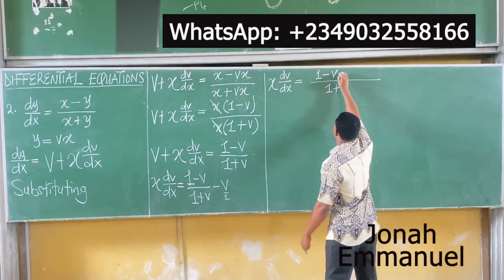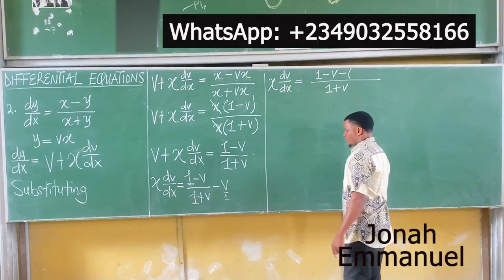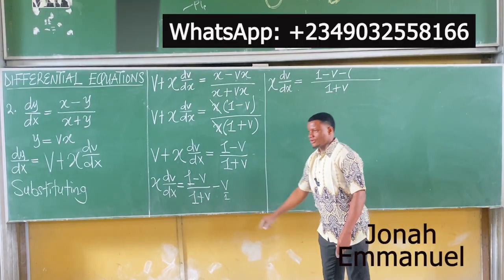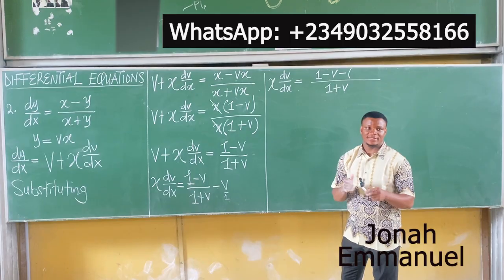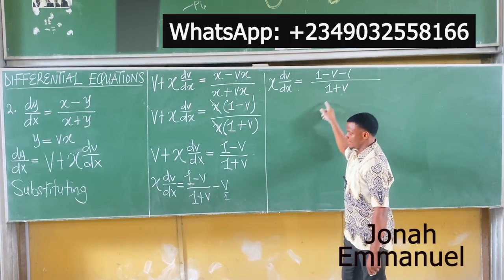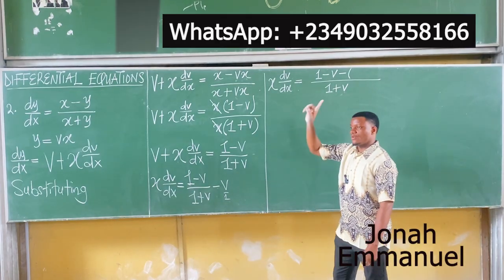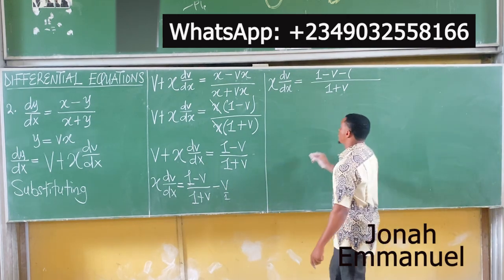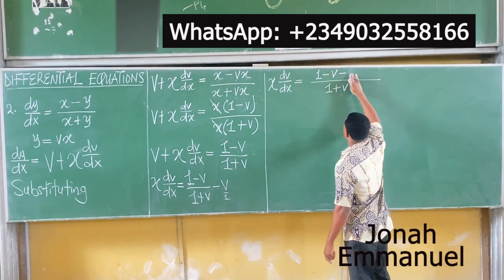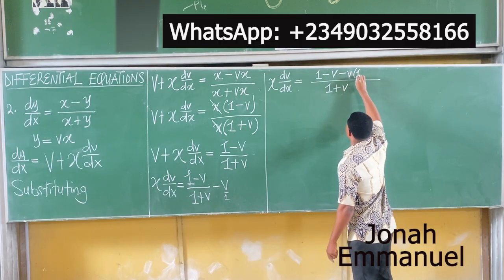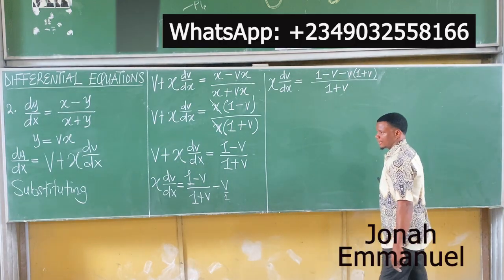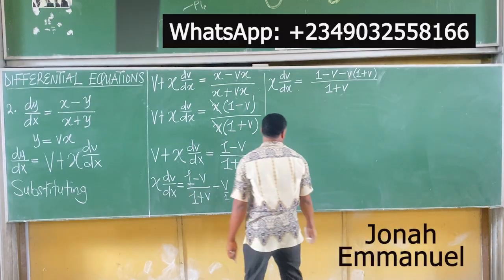Minus v into 1 plus v divided by 1. Of course, anything divided by 1 gives you that thing. So 1 plus v divided by 1 gives you 1 plus v. Use 1 plus v to multiply this; it becomes minus v into 1 plus v. All right, just the same normal fraction solution, please.